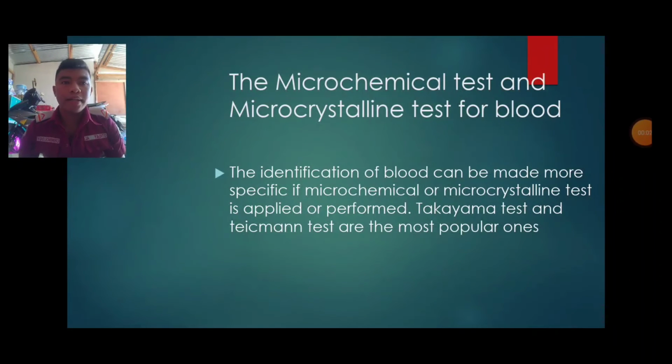The microchemical test and microcrystalline test for blood. The identification of blood can be made more specific if a microchemical or microcrystalline test is applied. The Takayama test and Teichmann test are the most popular ones.